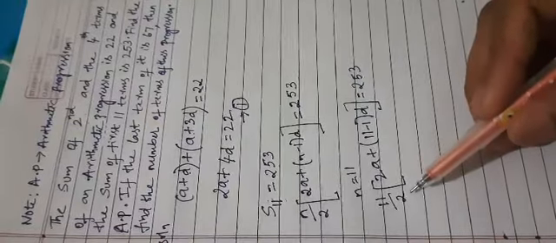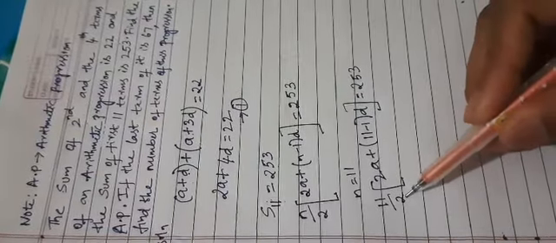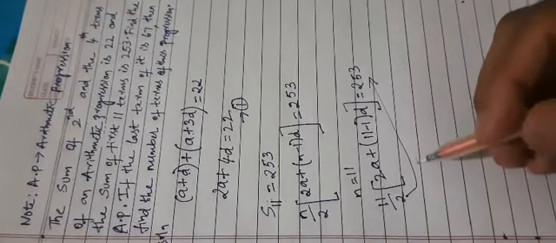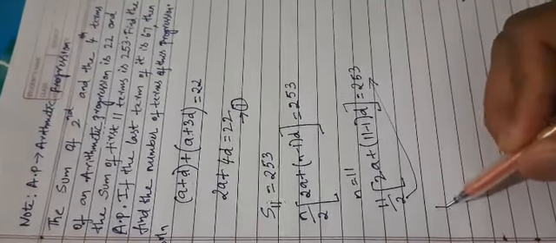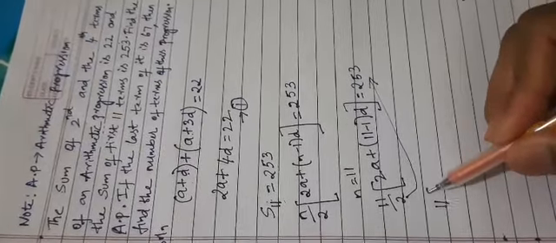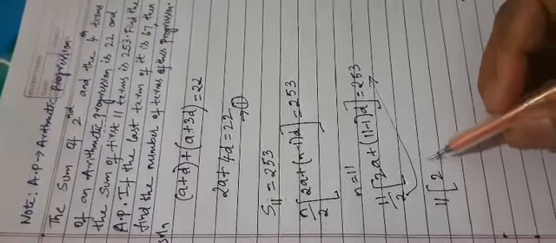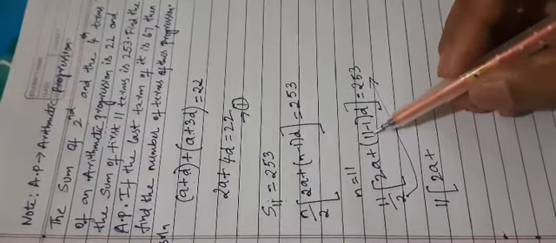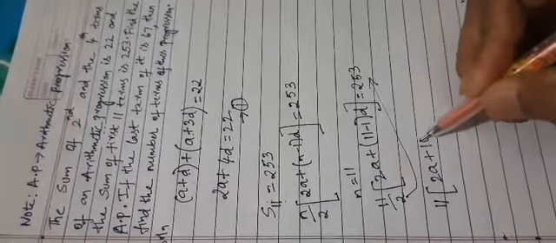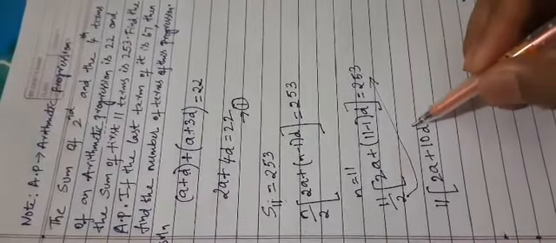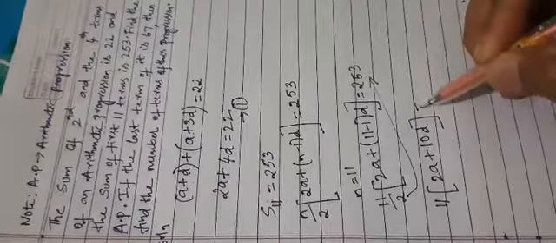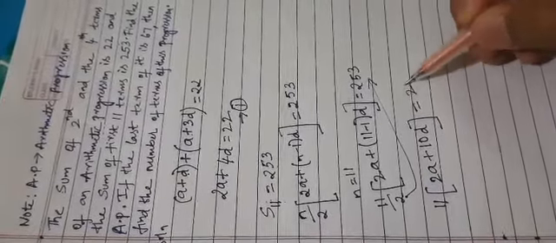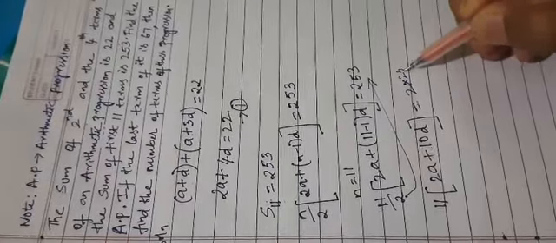Now this 2 can be cross multiplied with 253. 11 into 2a plus 11 minus 1 is 10, 10d is equal to 2 into 253.